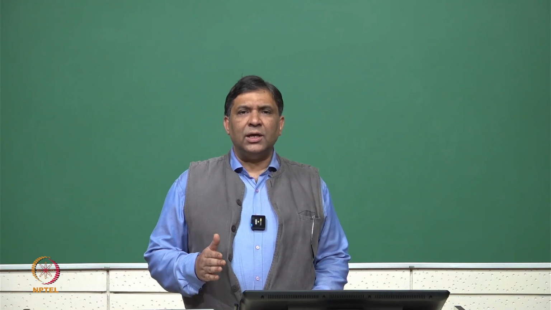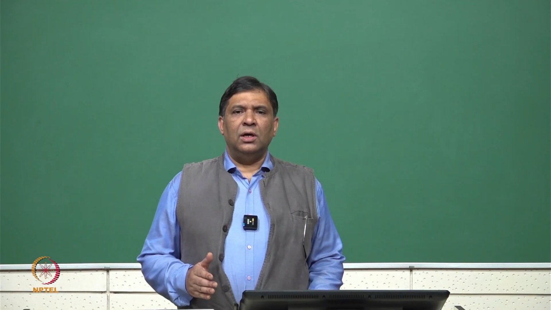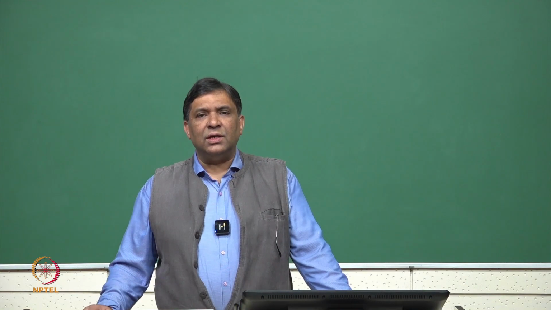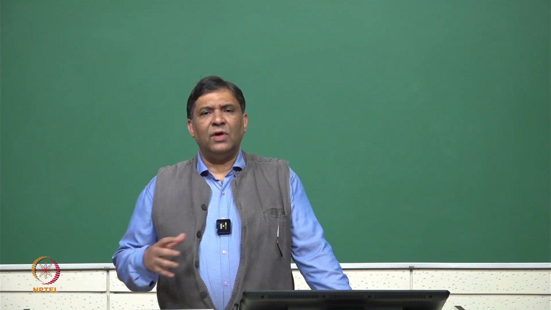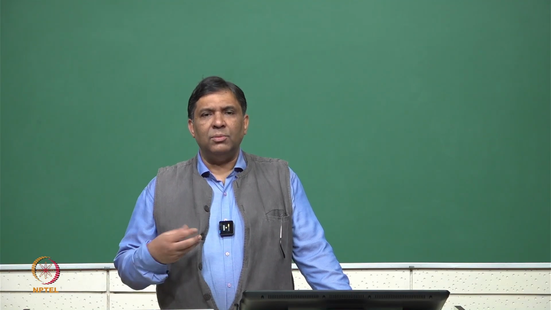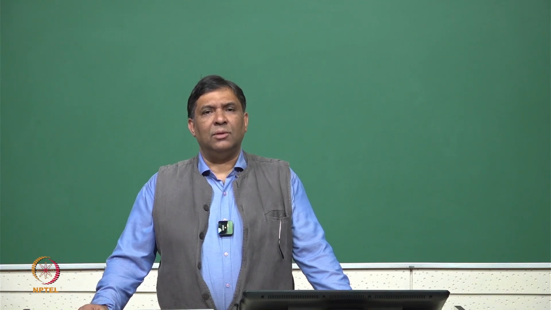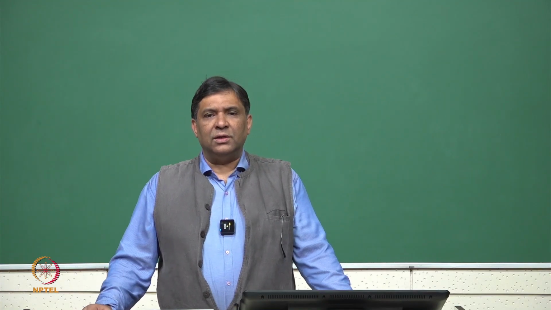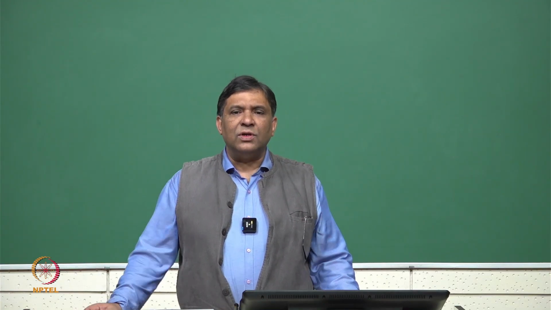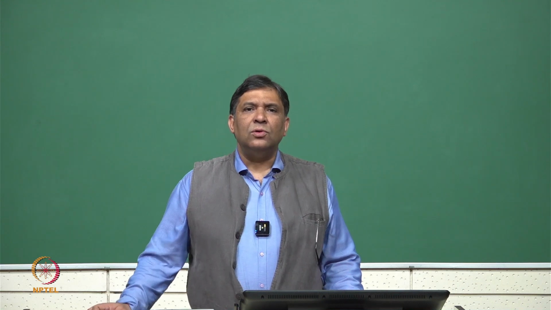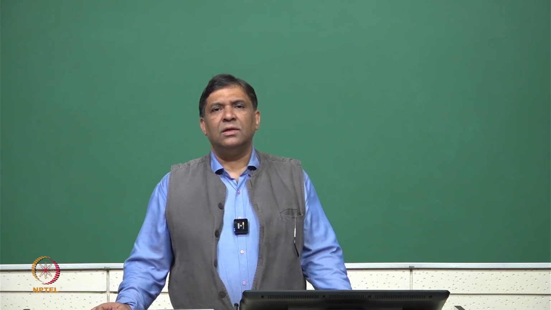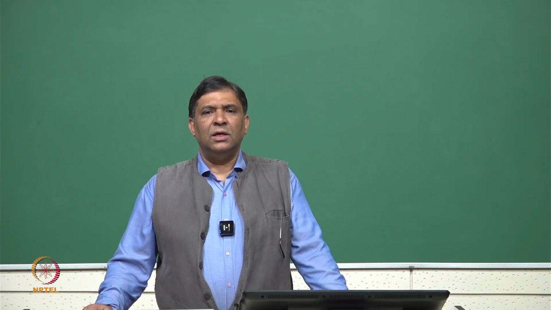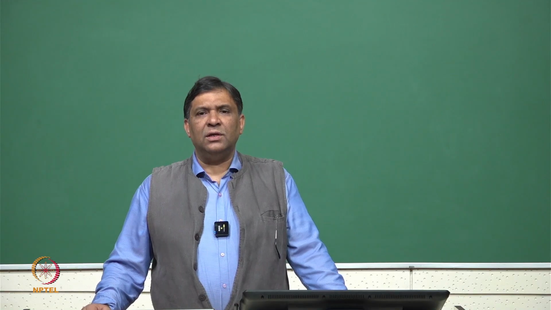So, we have an emitter, that is the cathode, and a collector, that is the anode. When the emitter is heated by some source, it emits electrons by the thermionic emission process, and they get collected at the collector. When this electron is returned, we have to pass it through a circuit outside having a load in that circuit, and the power is generated there.